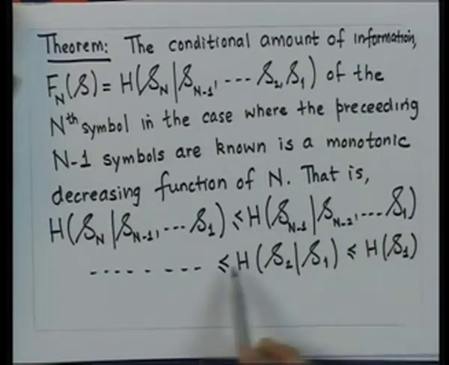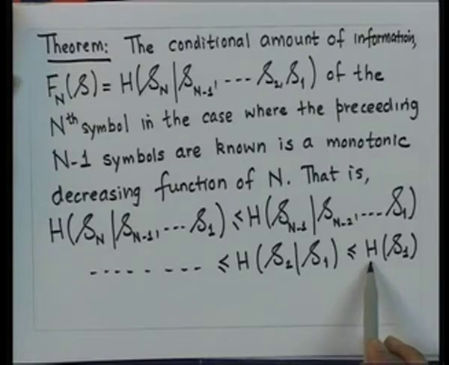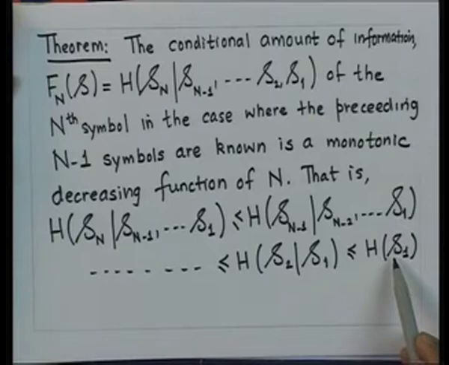If I continue like this, finally I land up with the first symbol. So the uncertainty which I have when I observe the first symbol is the maximum compared to the uncertainty which I have at the nth instant of time.